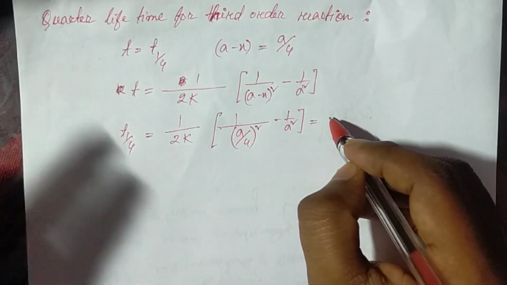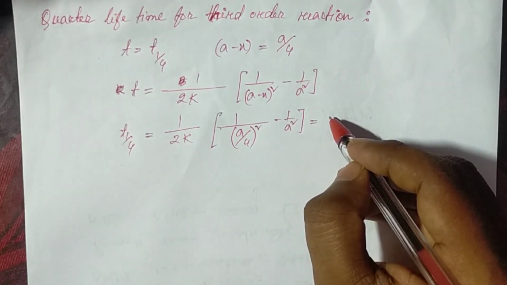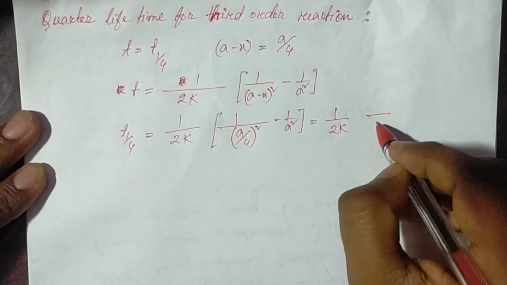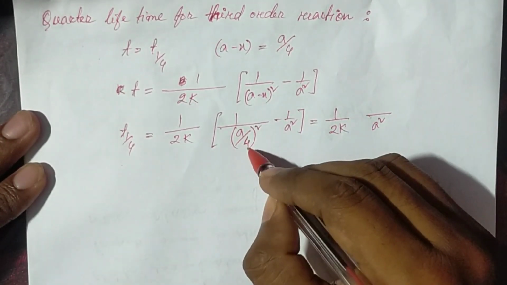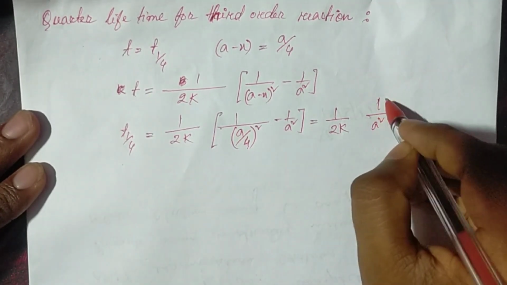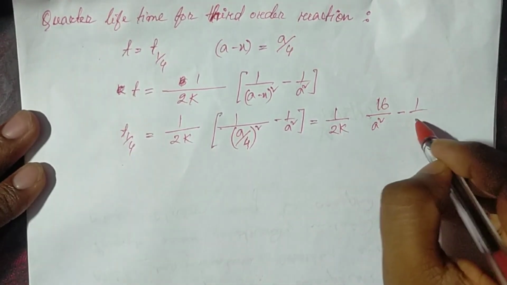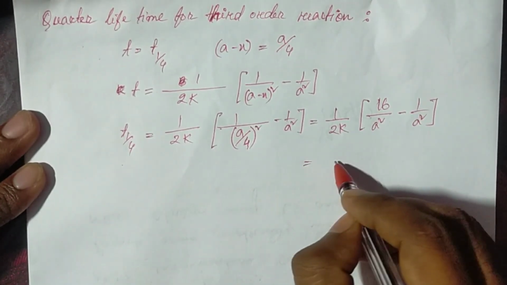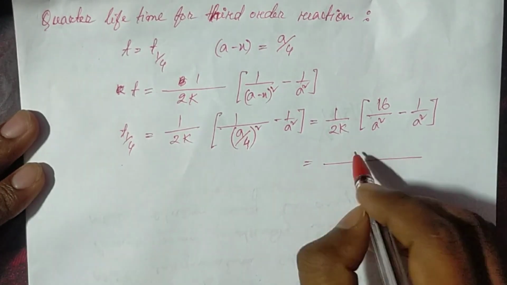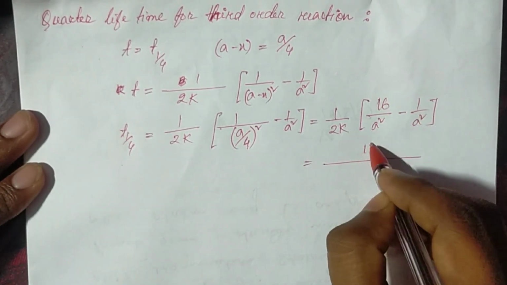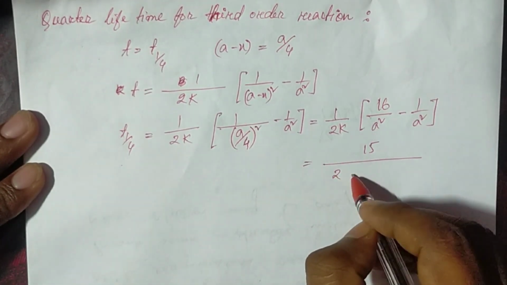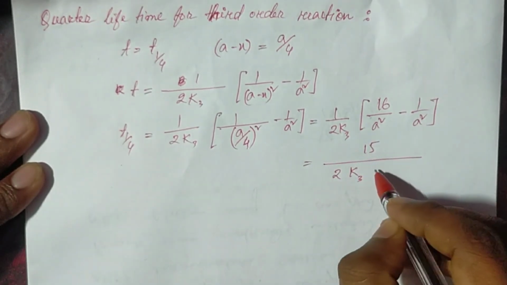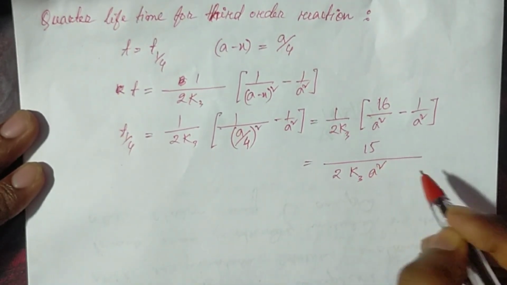So we can write 1 by 2k a square into (4 into 4 minus 1), which gives you 15 by 2 k3 a square.